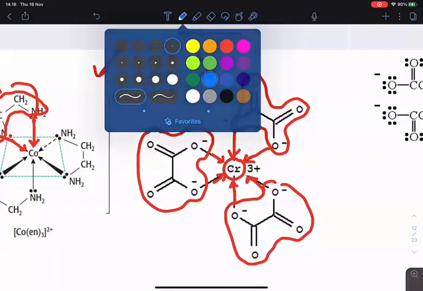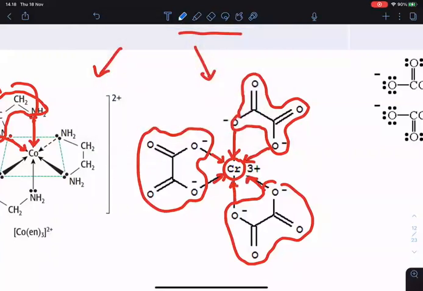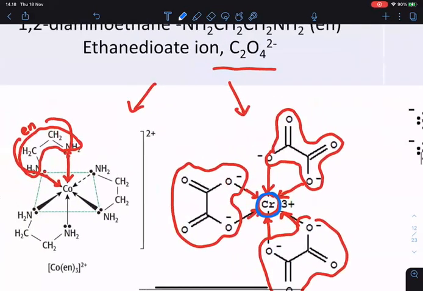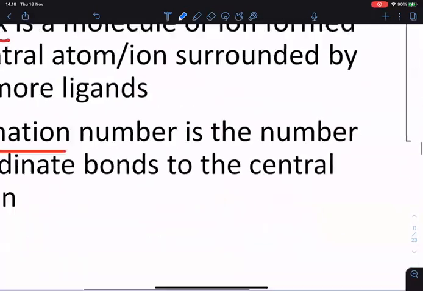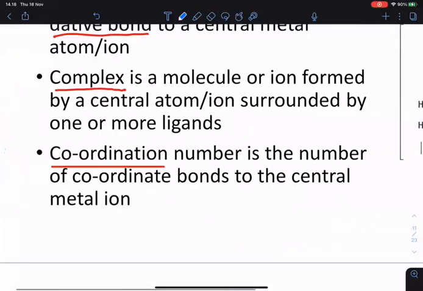Now if I just want to ask you a simple question, Poivan, can you tell me what is the coordination number of this molecule? Coordination number. Is it 3? No. It's common that students make this mistake. So let's look at the definition of coordination number again. The definition is the number of coordinate bonds to the central metal ion.